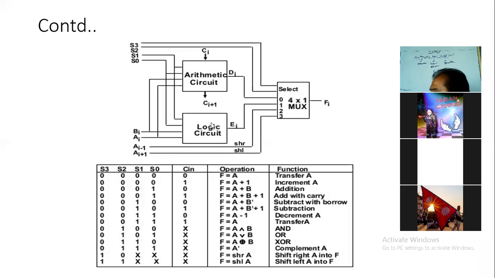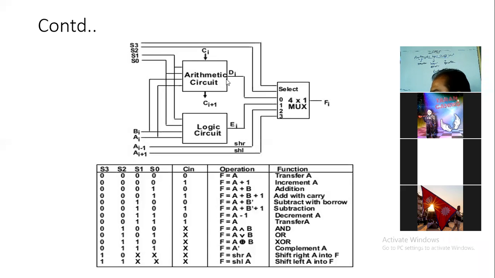Second, we have logic circuits which perform logical operations, for example logical AND and logical OR, and shift operations, shift right and shift left. And one is a 4 into 1 multiplexer, which takes 4 inputs and produces one output.